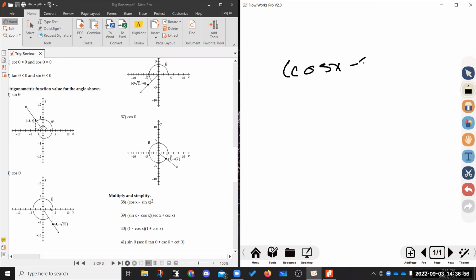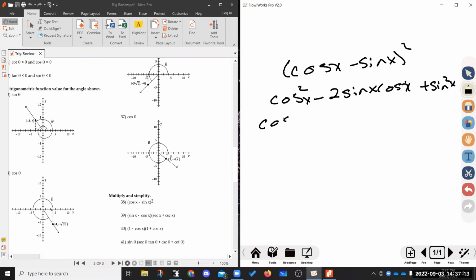So cosine of x minus sine of x squared is going to be cosine squared minus 2 sine x cosine x plus sine squared of x. Cosine squared plus sine squared is an identity.